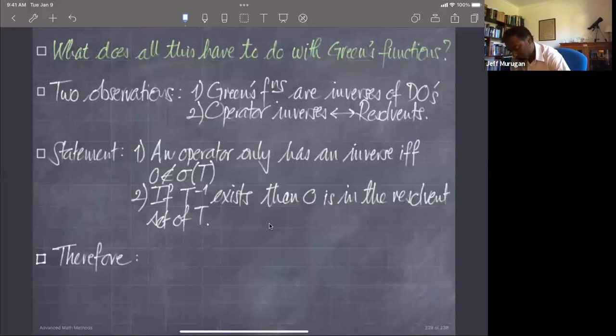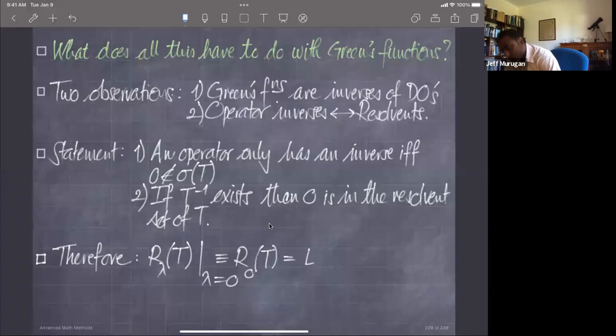And if this is the case, then the resolvent of the operator T at lambda equal to 0, which I'm going to call R naught of T, is just T minus lambda inverse at lambda equals 0, which is just T inverse, or what we were calling the Green's function.